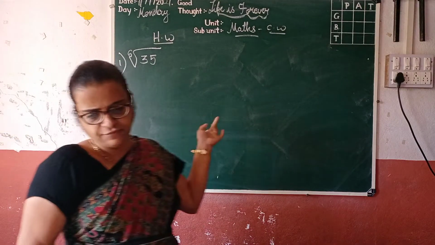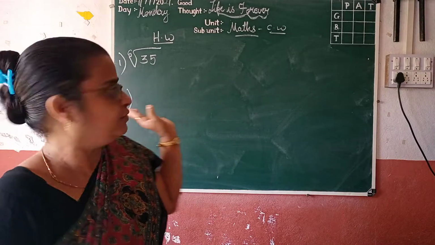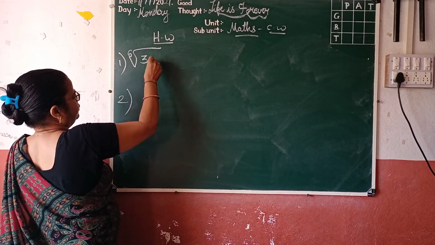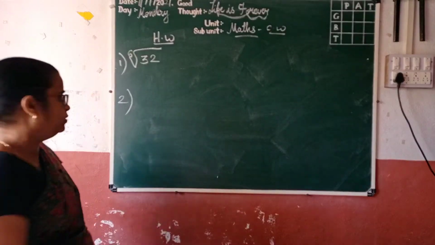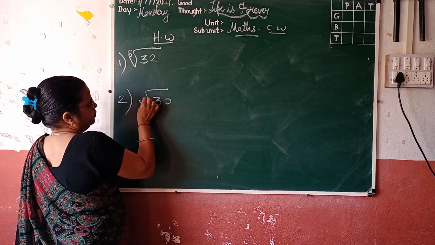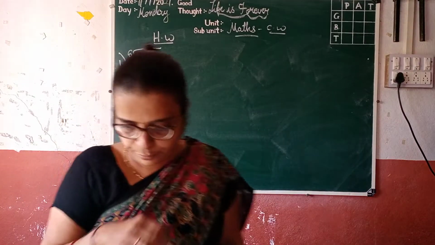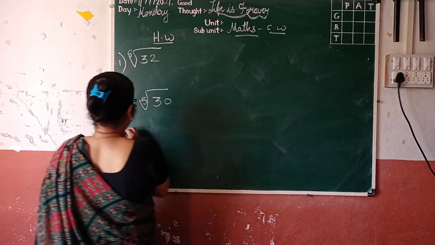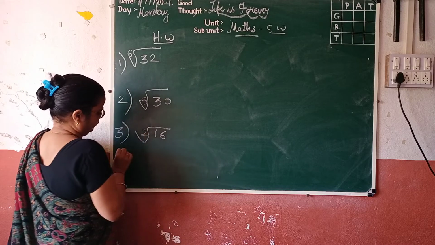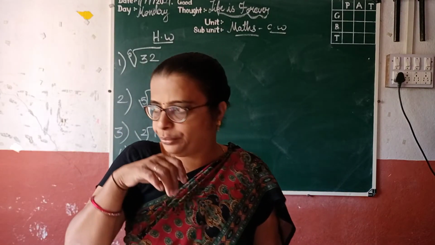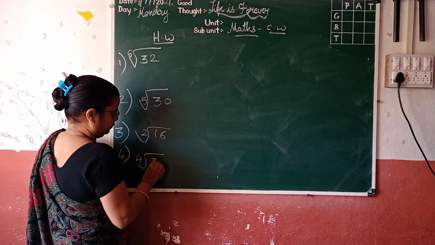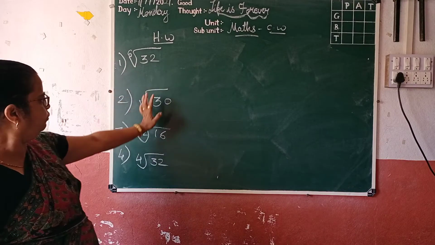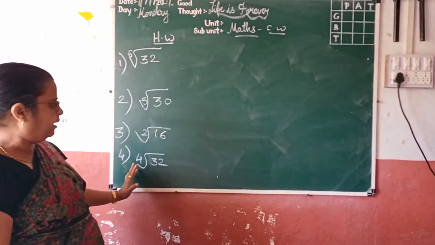You have to solve everything, students. From the textbook you have to solve all of them, and again you have to solve these 4 sums: 6 divided by 32, 5 divided by 30, 2 divided by 16, and 4 divided by 32.